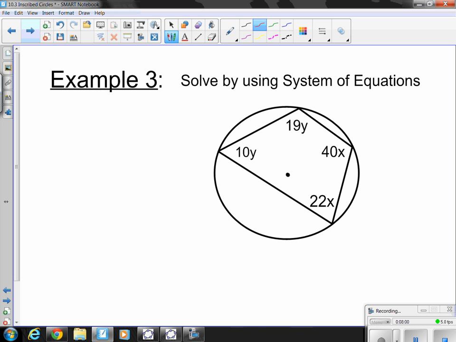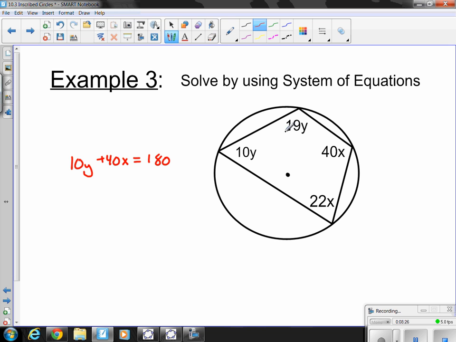Now this one's a challenging problem from this section. I know my opposite angles have to add up to 180 degrees. I don't know anything about my consecutive angles here. You know, this is not necessarily a trapezoid. If it was a trapezoid, these would be supplementary as well, but it's not. So what you have to do is say 10y plus 40x equals 180.